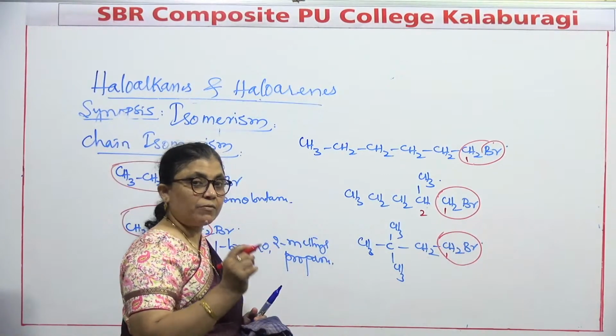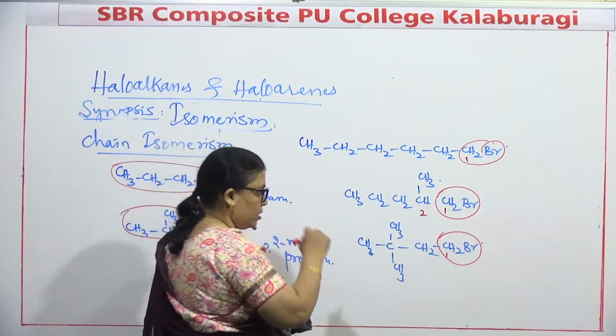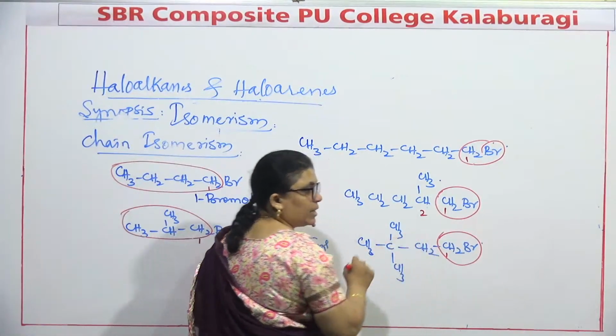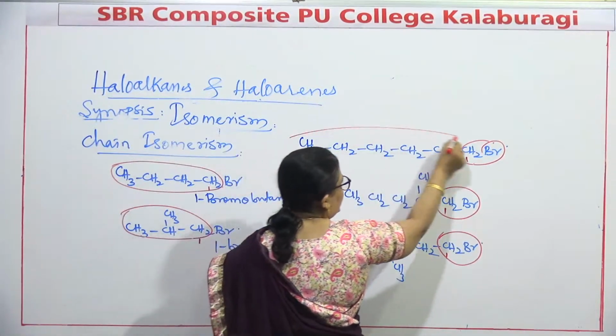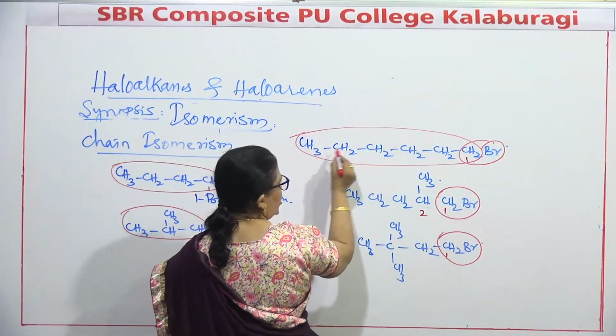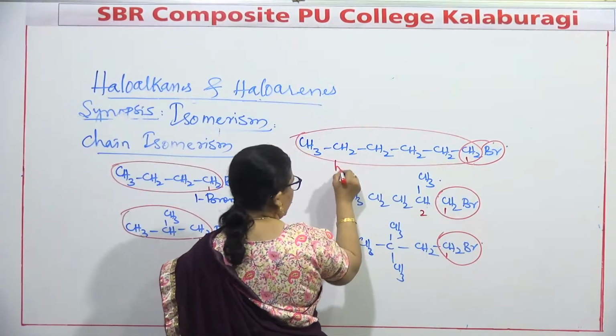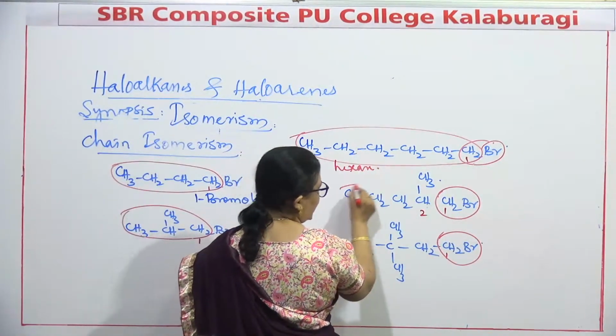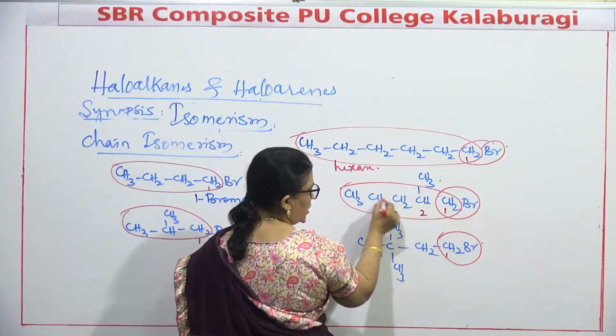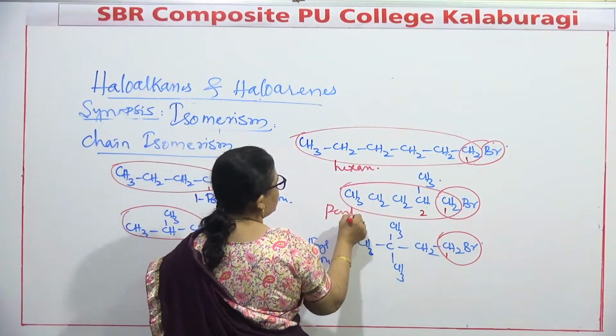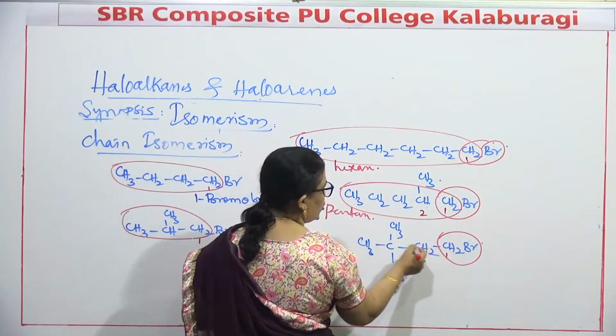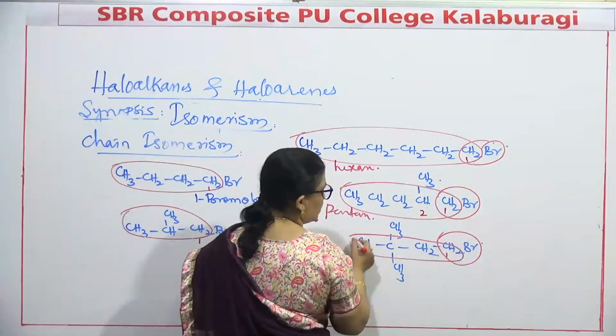So whenever you write the chain isomer, you only have to change the parental chain. This parental chain is hexane, this one is pentane, and this one is butane.